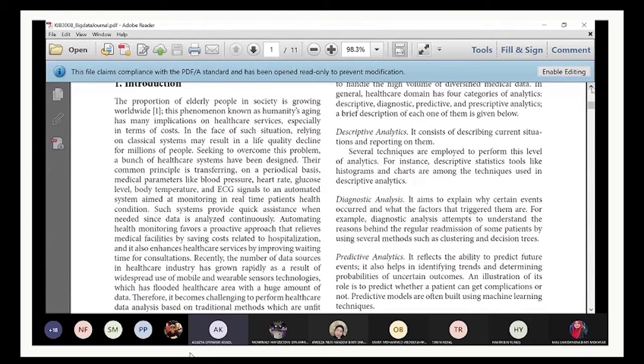I think big data is something that we measure from a patient, the measurements that we took from each patient, such as blood pressure, from all over the world.